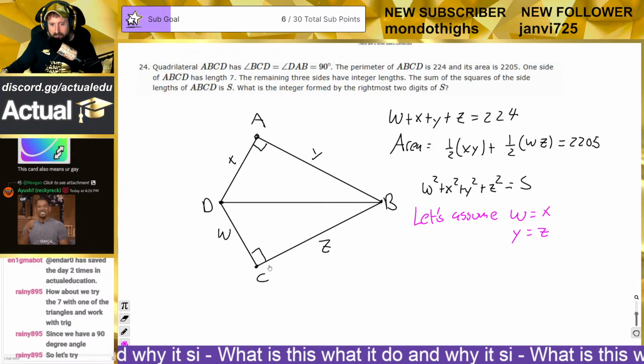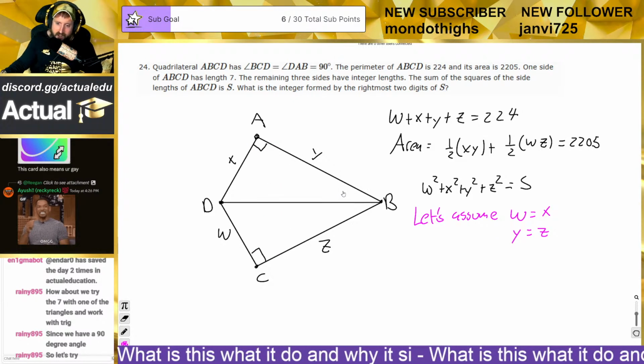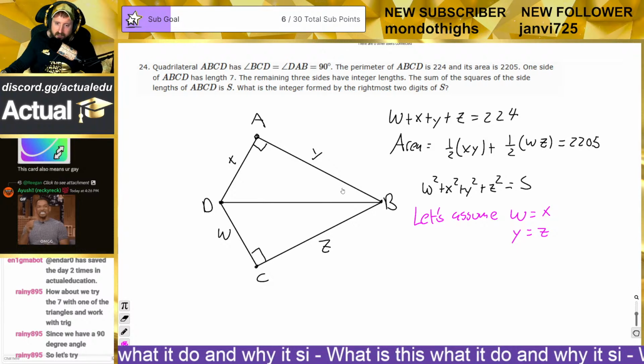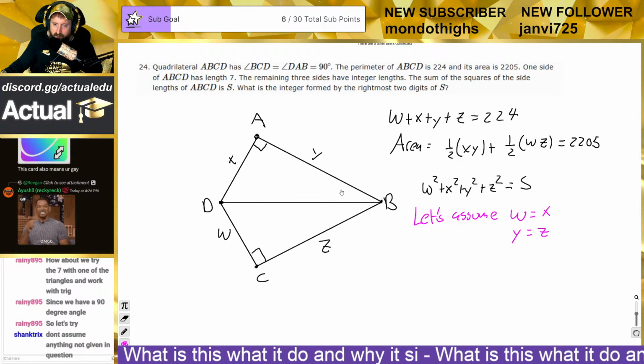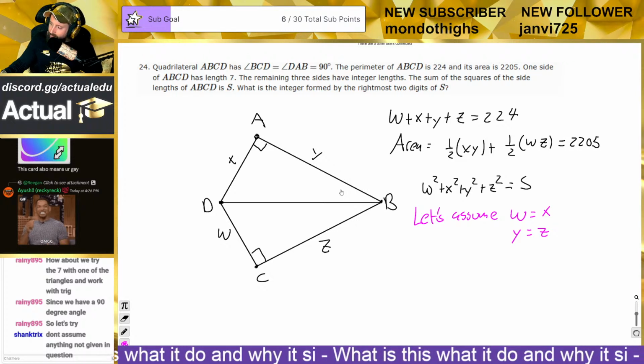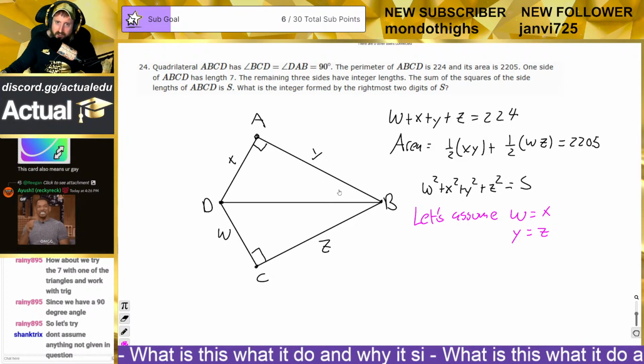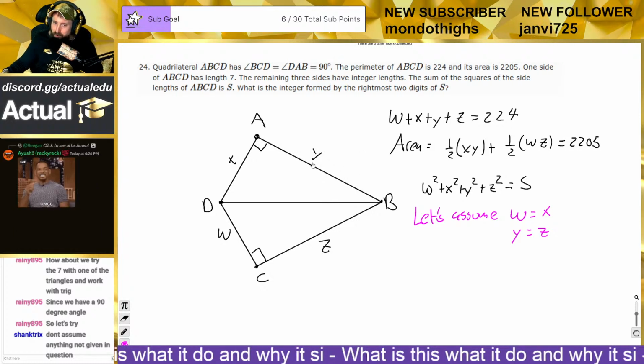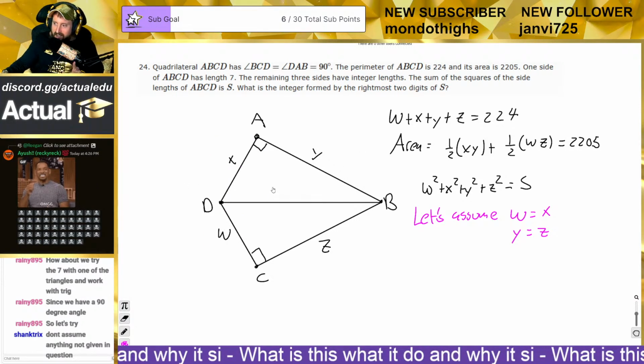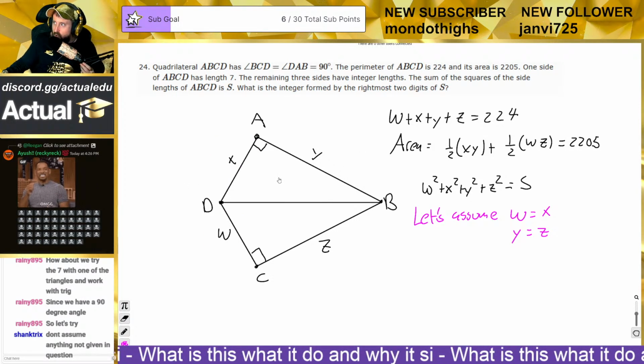I do know this is the same angle. It's the same side. Side angle side would be nice. But don't assume anything not given in the question, but I'm pretty sure these have to equal each other. I can't visualize a way that they couldn't.